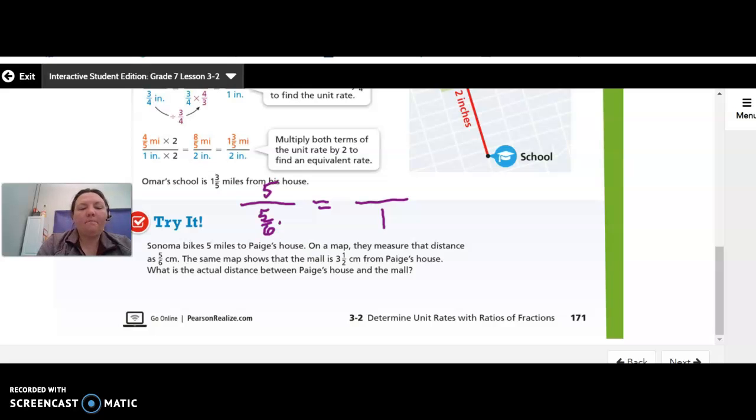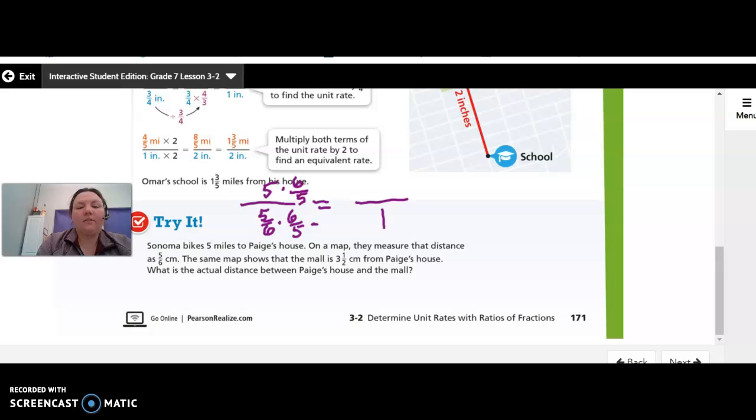So I'm going to multiply by 6/5. I'm using what I know from division and connecting it here: I can get rid of that bottom number by multiplying by the reciprocal. Whatever I do in the bottom, I have to do on the top. So I'm going to multiply by 6/5 on the top as well.